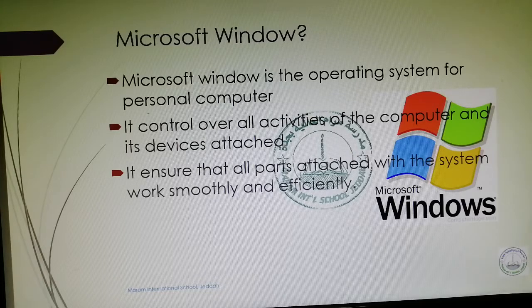But later on, they felt that this is very difficult, so then they launched Microsoft Windows. So Microsoft Windows is basically a user-friendly operating system which anybody with a little effort or a little know-how can use efficiently.